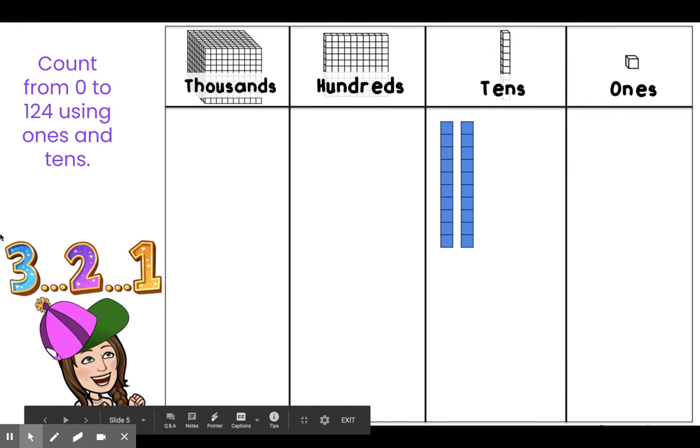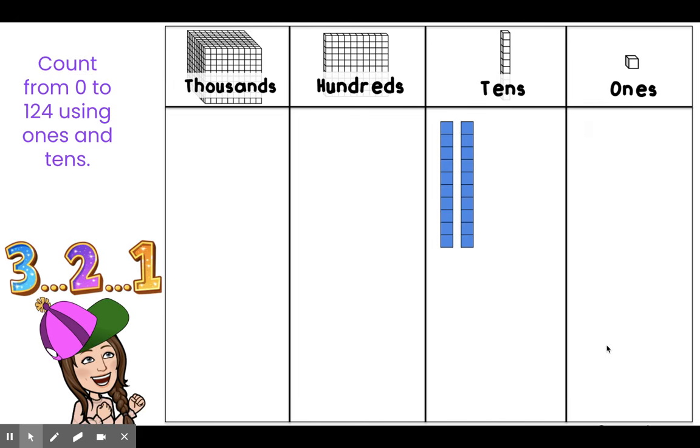Let's keep counting. We're still a ways from our goal, 124. We're at 20. Make sure you're counting out loud with me. Here we go. 20, 21, 22, 23, 24, 25, 26, 27, 28, 29, 30. We did it again.